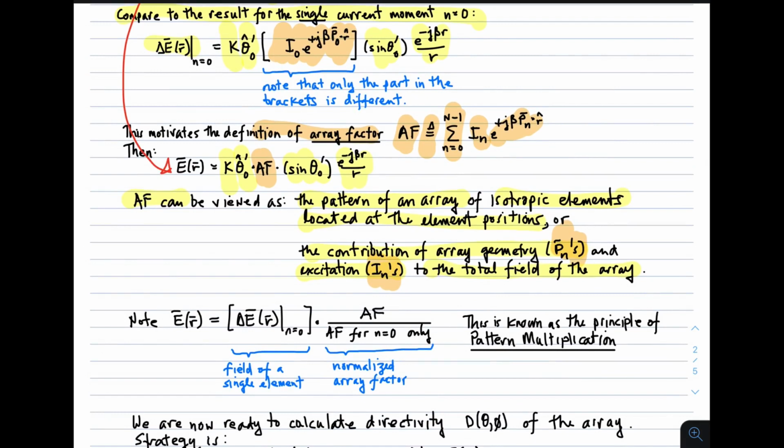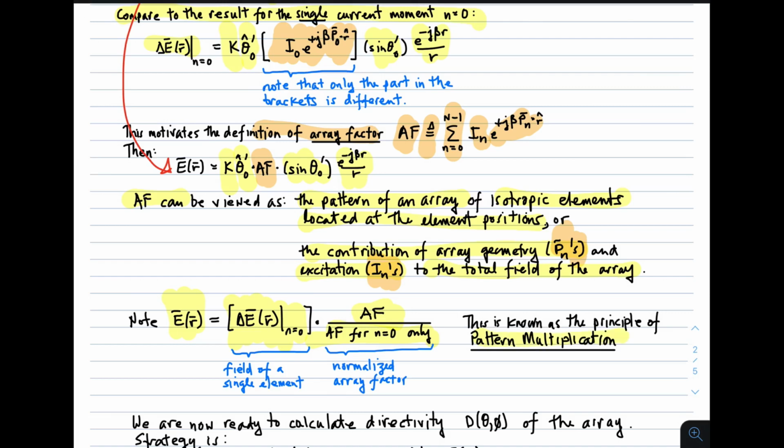With that in mind, it is convenient to think of the total radiated electric field intensity as that of a single element, in this case I've chosen the reference element, n equals 0, times the array factor, divided by an array factor for an array consisting only of the reference element. And this is known as the principle of pattern multiplication.